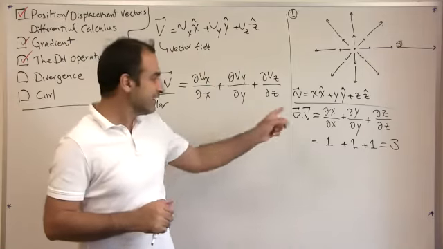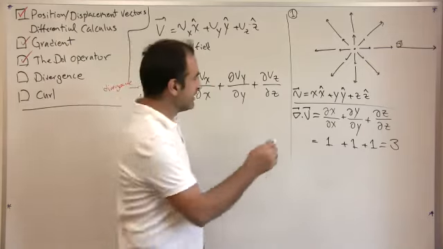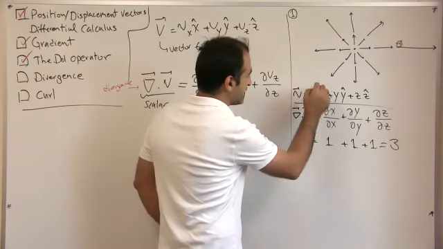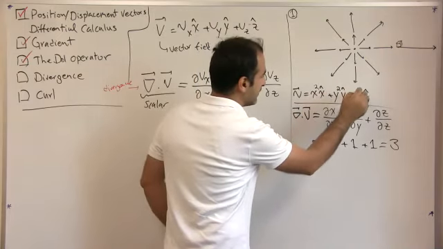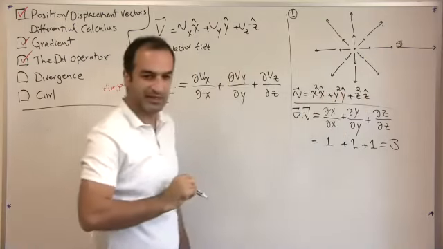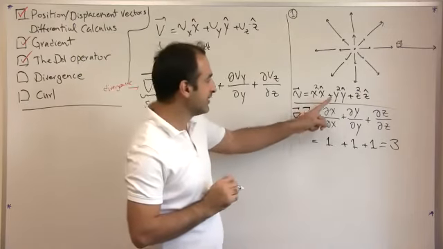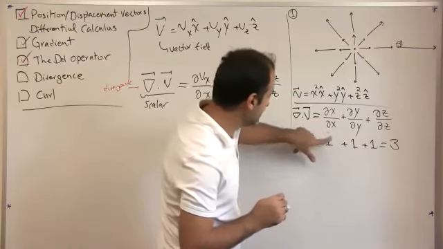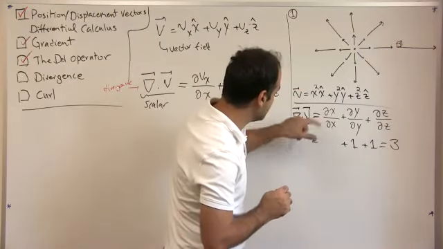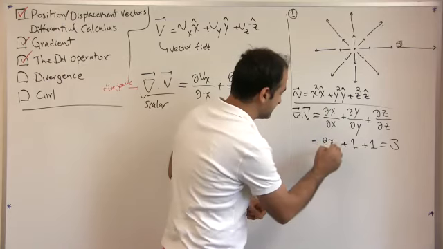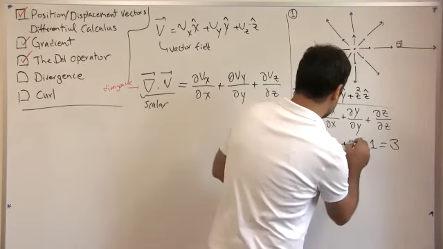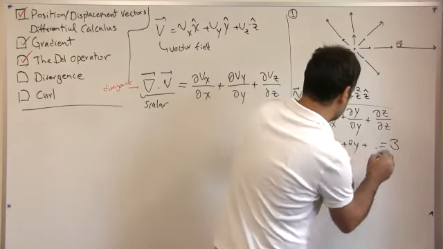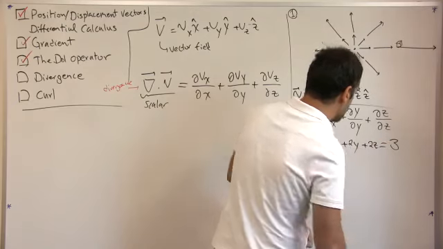If I want to change this example a little bit, I can say instead of x, I have x to the power of 2, y to the power of 2, and z to the power of 2. That makes things a little more complicated. Each of these derivatives, instead of 1, I get 2x, and here 2y, and then 2z.